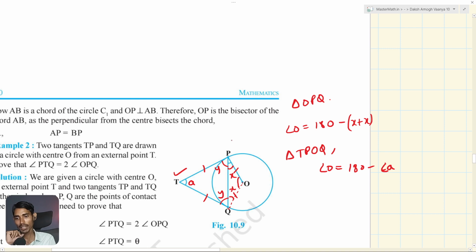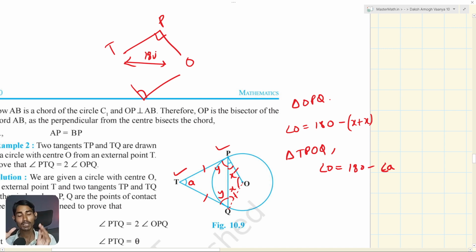Because this would be 90. Angle P is 90, TPO, and this is also 90. So these two angles would be 180. Right? The sum is 180, not 90, but the sum is 180. So if angle O plus angle A is 180, then angle O would be this. Any doubts till this step?